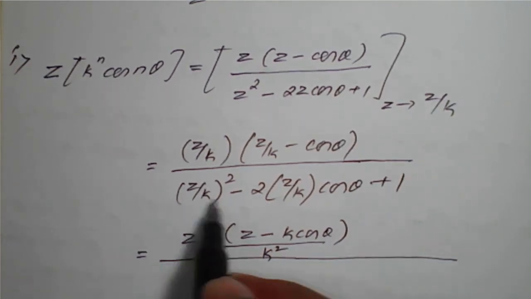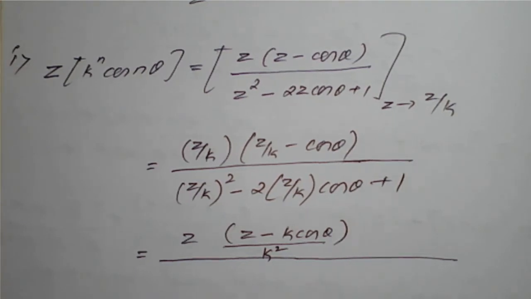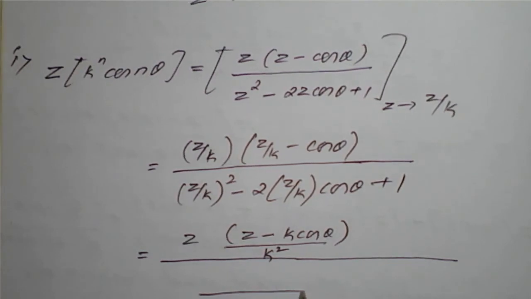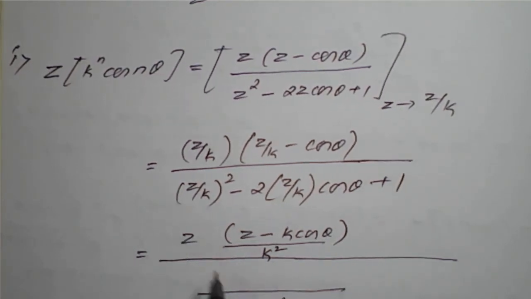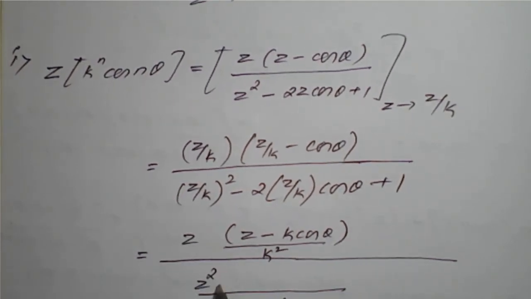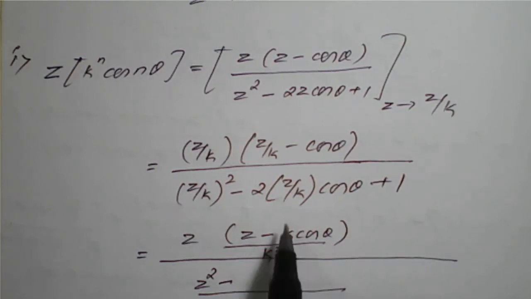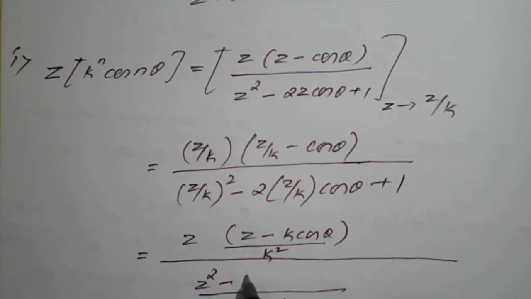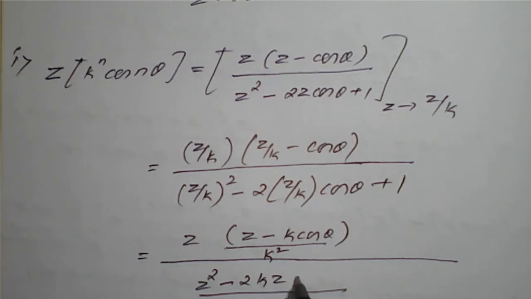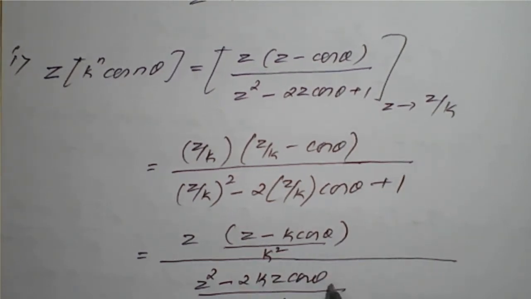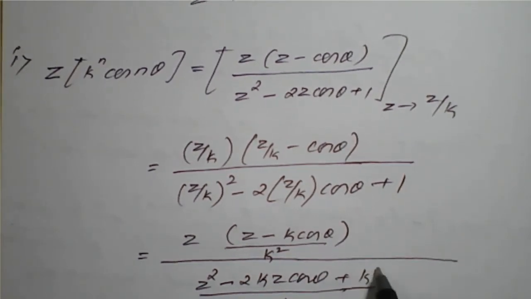Okay, then here if you open and take the LCM, LCM is k square, so here it will be Z square minus, here divided by k is there, one k cancels, means it will become 2kz cos theta plus k square.